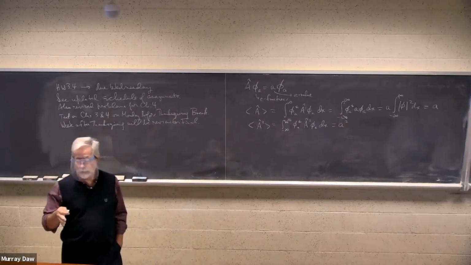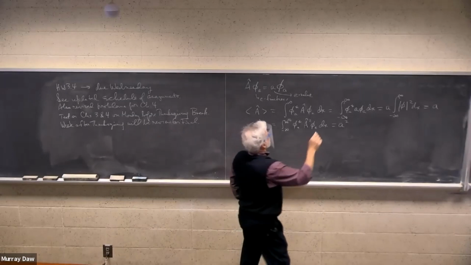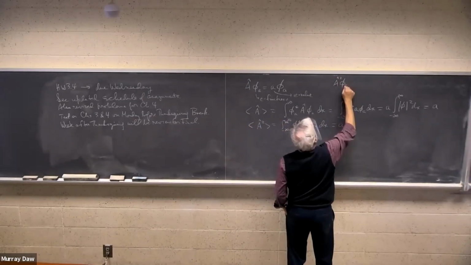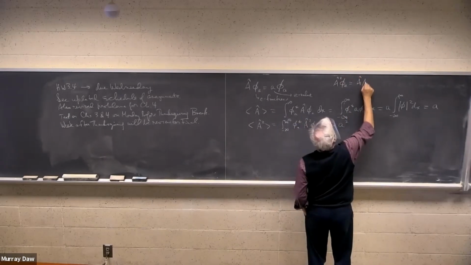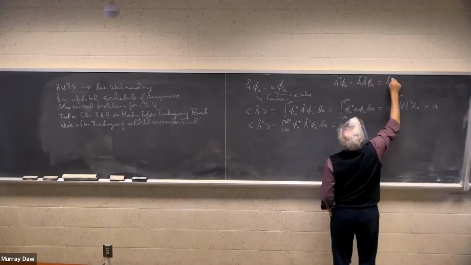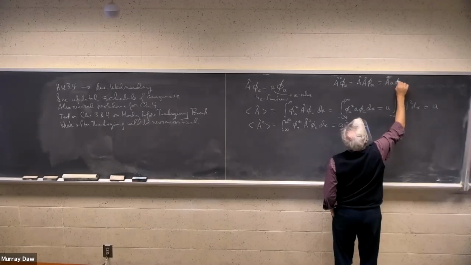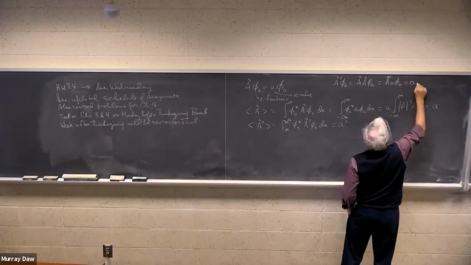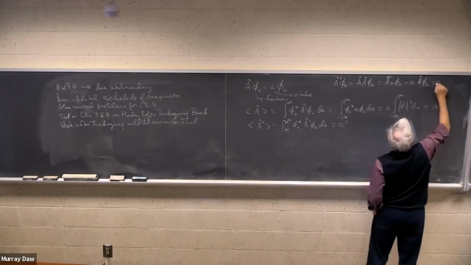It's just operating with the operator a twice. So let's evaluate the operator a squared on the eigenstate. The first one just gives little a. The operator doesn't act on the constant, it passes through. And the second one gives little a, so it just gives a squared.